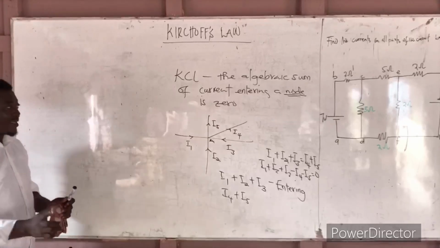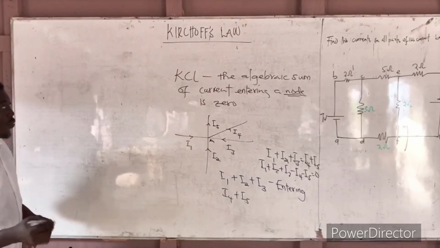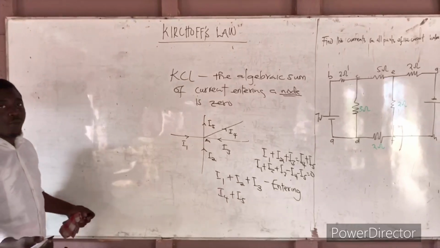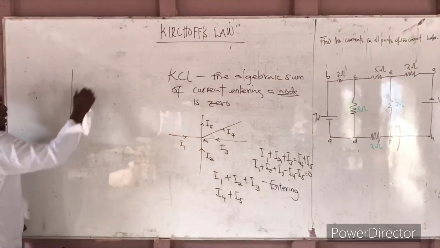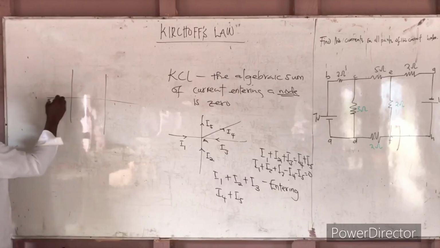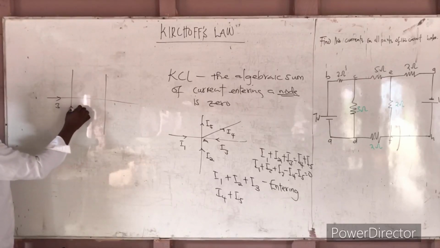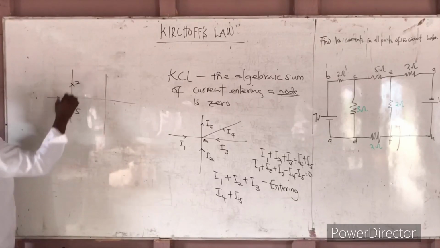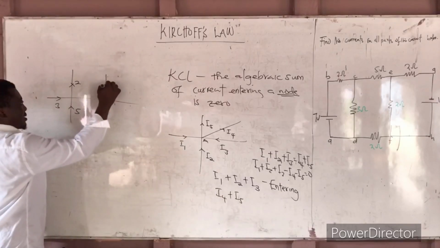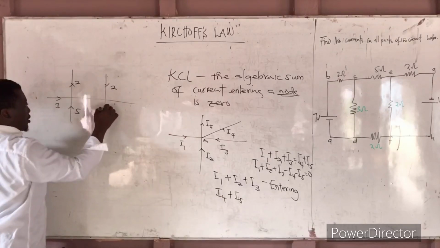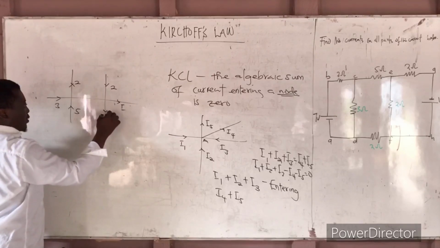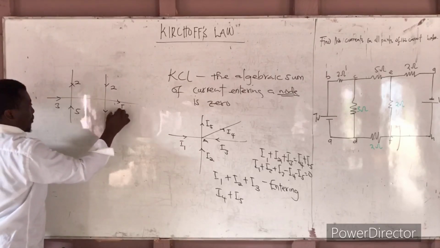In a question that you might encounter in your course or exam, they will draw something like this for you. They will tell you that this is 3, this is 5, this is 2, and this is 2, this is I, and this is 1 ampere.